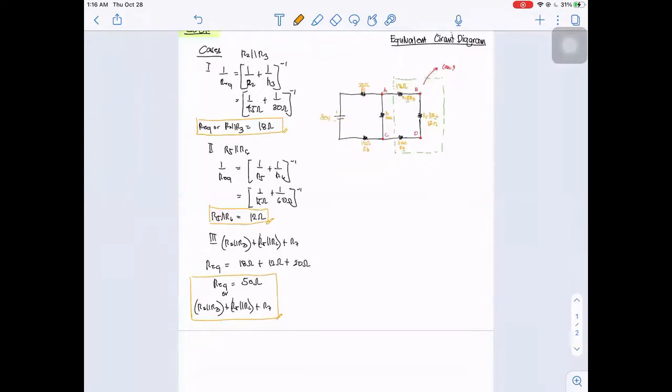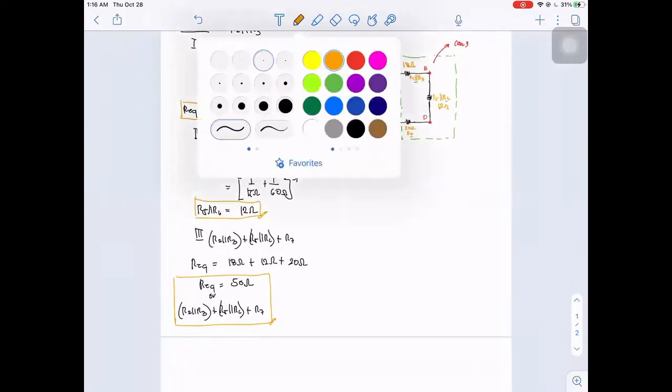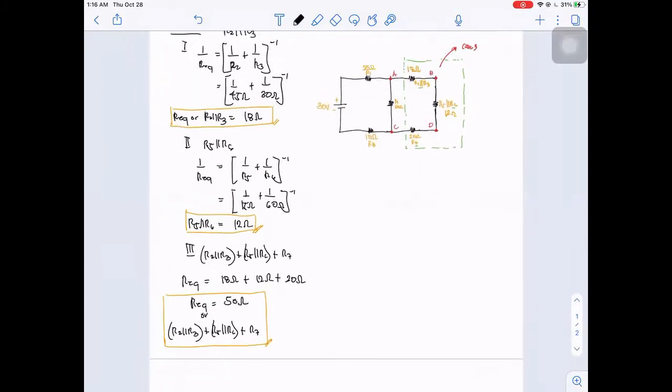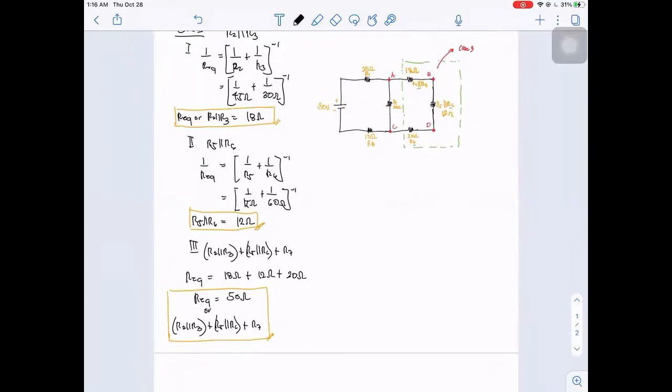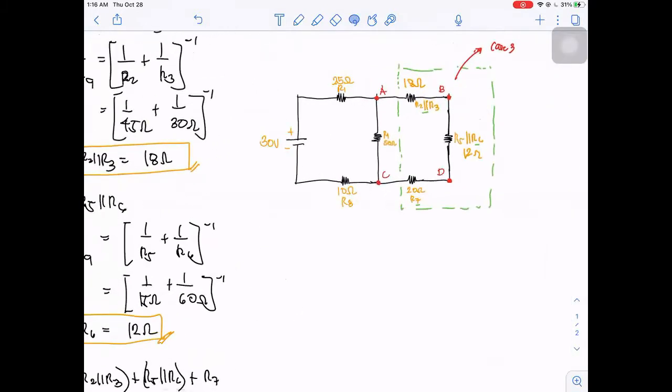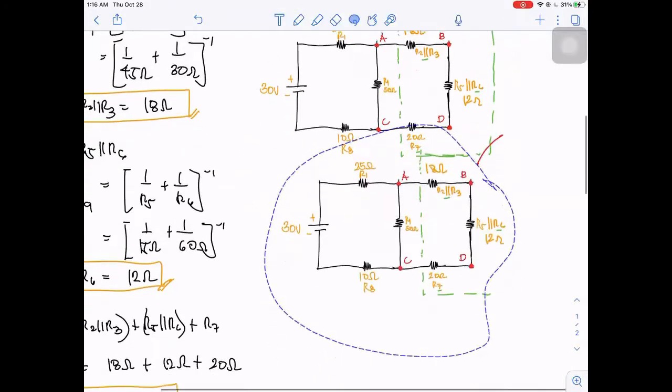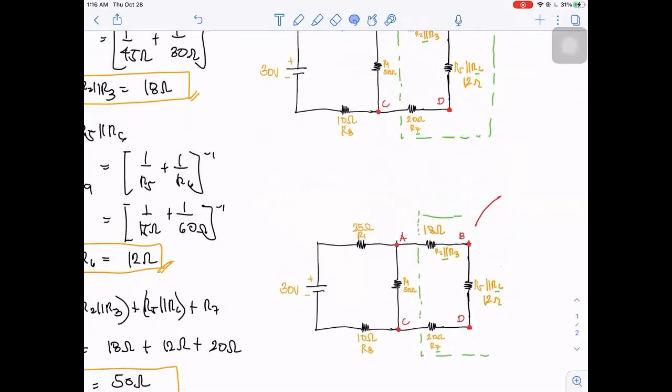Now, with this, we can again convert our circuit into a simpler circuit. Let's just copy this one. And this is now the circuit.